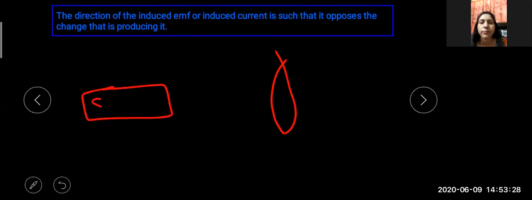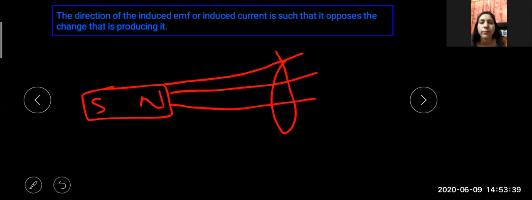When the bar magnet is taken towards this coil with the north pole towards the coil, magnetic flux increases. In this situation, a bar magnet is moved towards a stationary loop as shown in this figure. As the bar magnet is moved towards the right, magnetic flux through the loop increases with time.